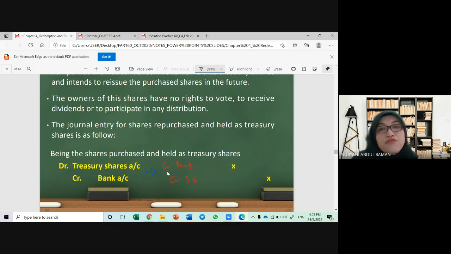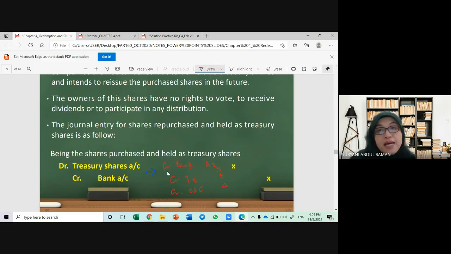However, if the proceeds from selling it are greater than the treasury shares' cost, the difference between these two will be recorded either as profit or as loss. So if it is a profit, you have to credit your OSC with the difference.